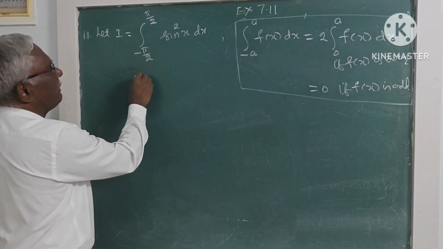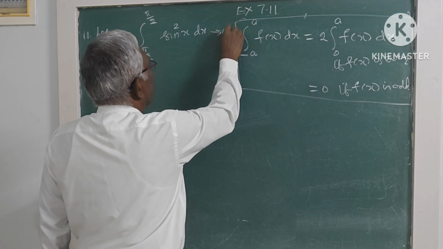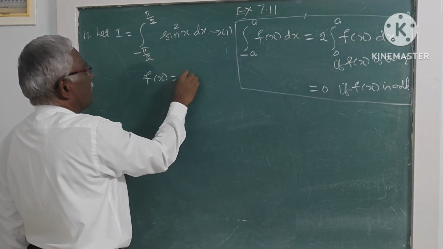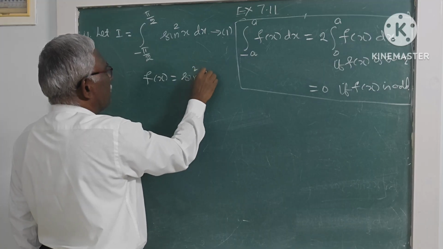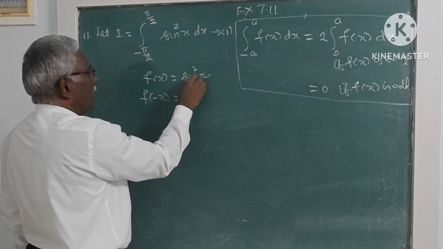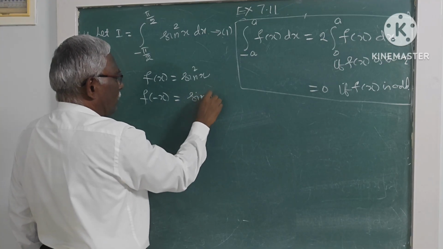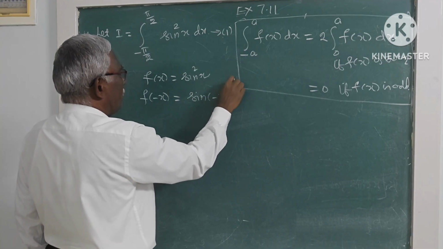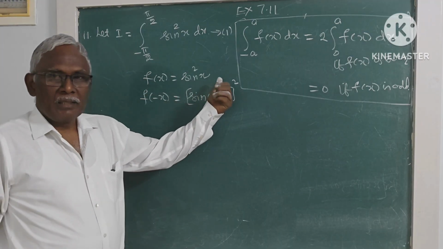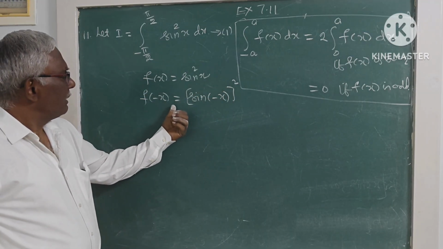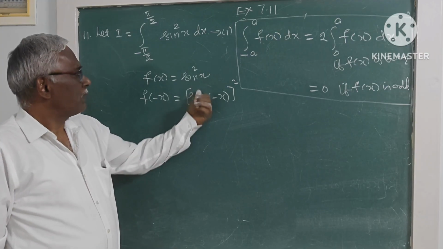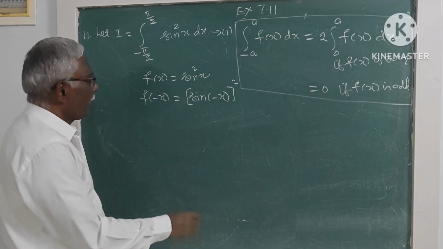And what is f of x here? f of x is sin square x. f of minus x is sin of minus x whole square. f of minus x means in this function wherever x is there, we have to replace x by minus x.